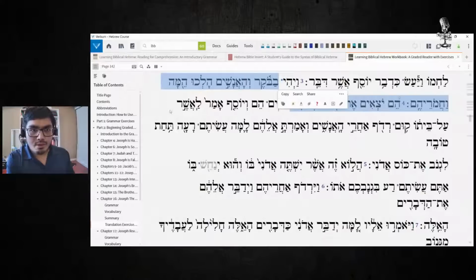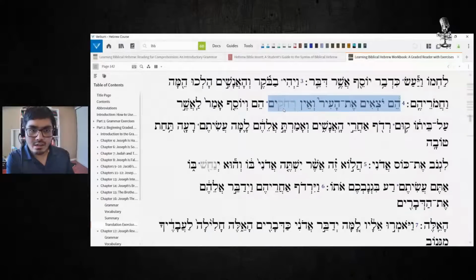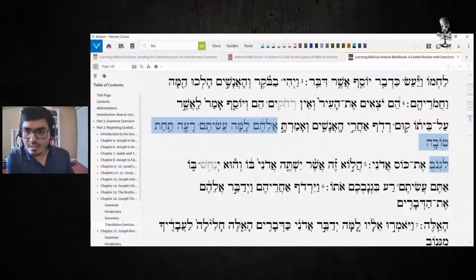Verse 3. Vayhi haboker, veha'anashim shullechu hema vachamorehem. And so it was in the morning, and the men were sent away, they and their donkeys. Verse 4. Hem yatze'u et ha'ir lo hirchiku veYosef amar la'asher al beto kum redof acharei ha'anashim vehisagta otam ve'amarta alehem lama shillamtem ra'a tachat tova.